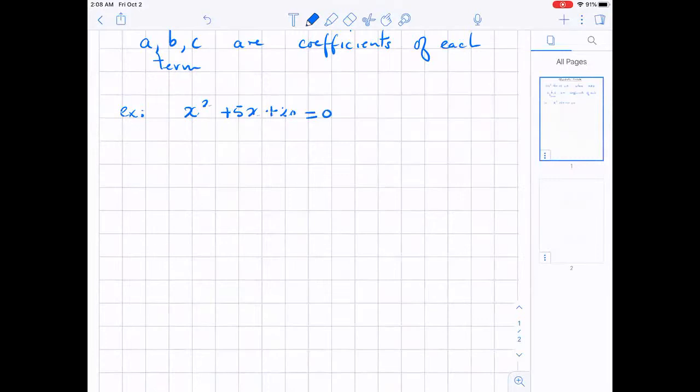In this case, a is 1, b is positive 5, and c is positive 20.